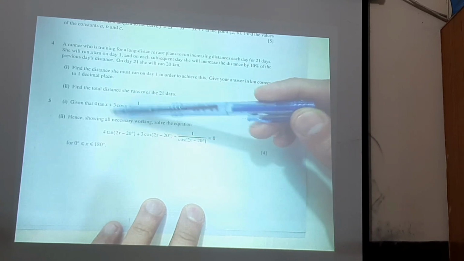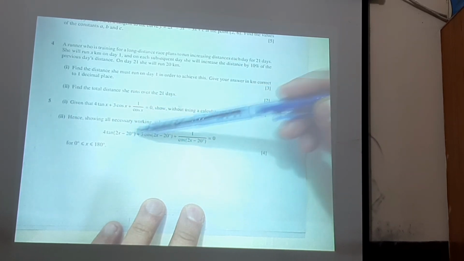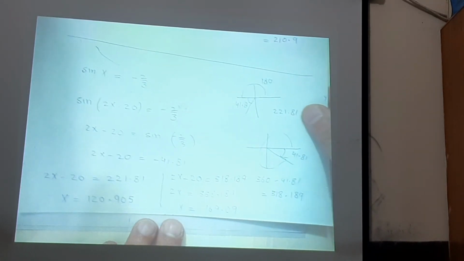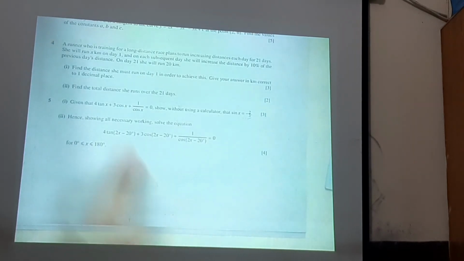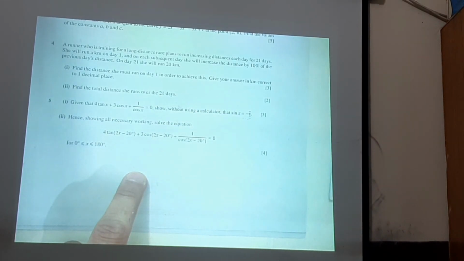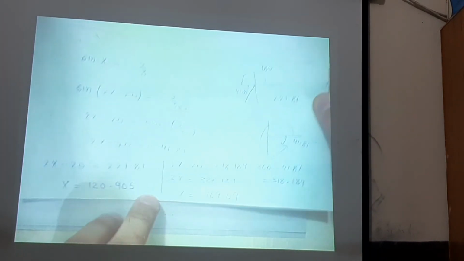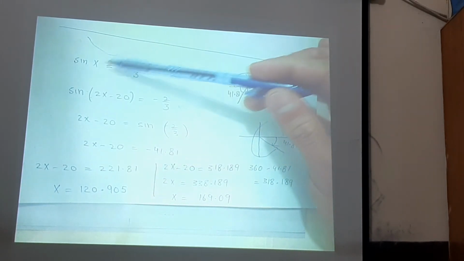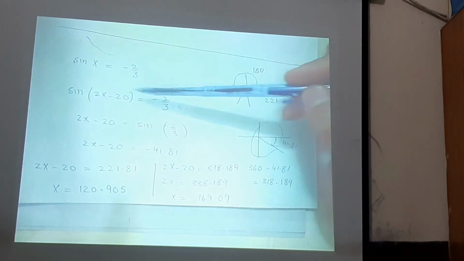So basically x is replaced by 2x minus 20. So I am going to do the same over here. The result for part number 1 was sin x equal to minus 2 by 3, so starting from the same point where part 1 ended, however I need to replace x with 2x minus 20.